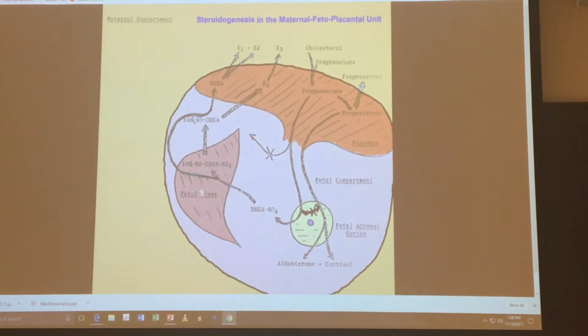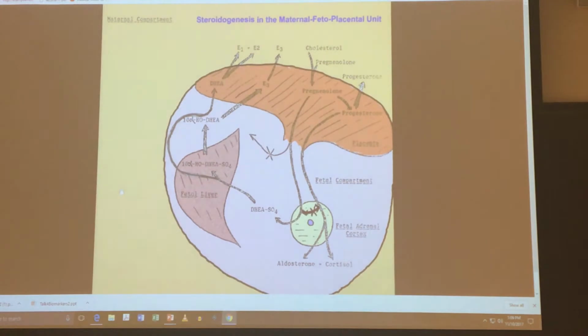which are going to be further processed by the fetal liver into estrogens, and particularly this one, estriol, which is the major steroid estrogen of pregnancy. So mom is out here, outside this circle.